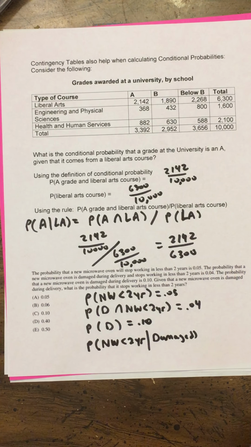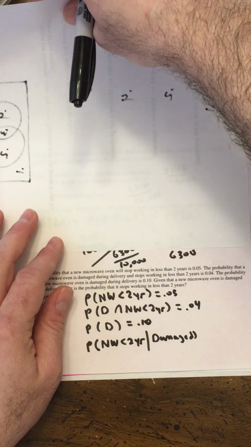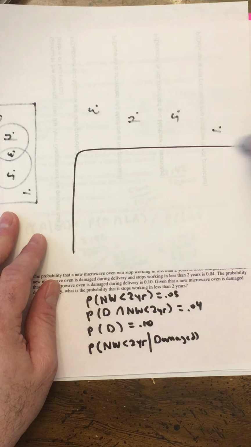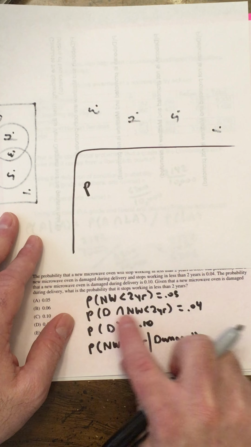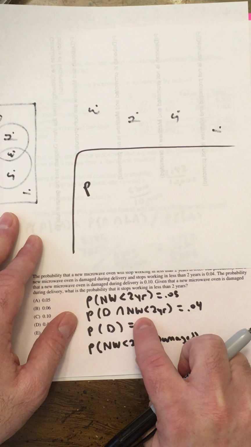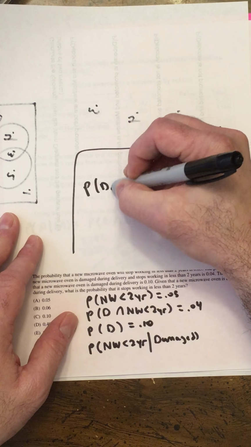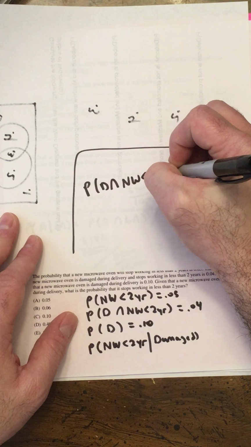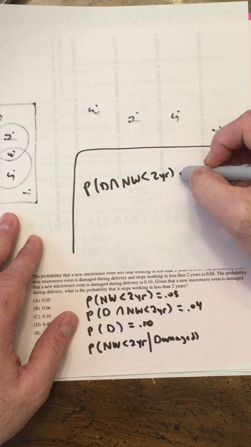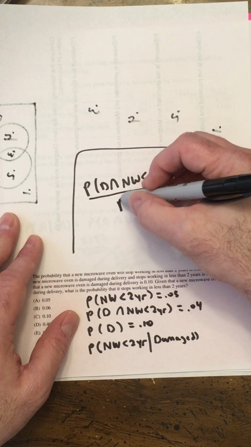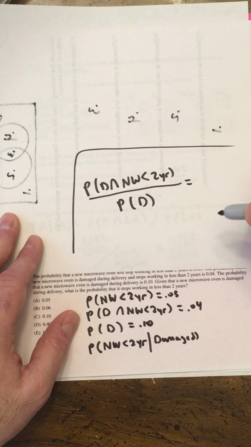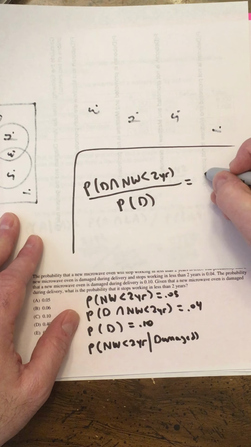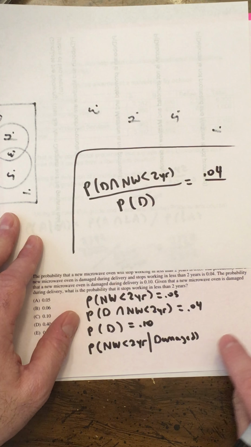We should know, and I'll put this on a separate sheet so you can see it clearly. So we know that if we want this probability, we want the probability that it's damaged and not working in less than 2 years, over the probability that it's damaged, and we can get that probability by putting this value over this value.